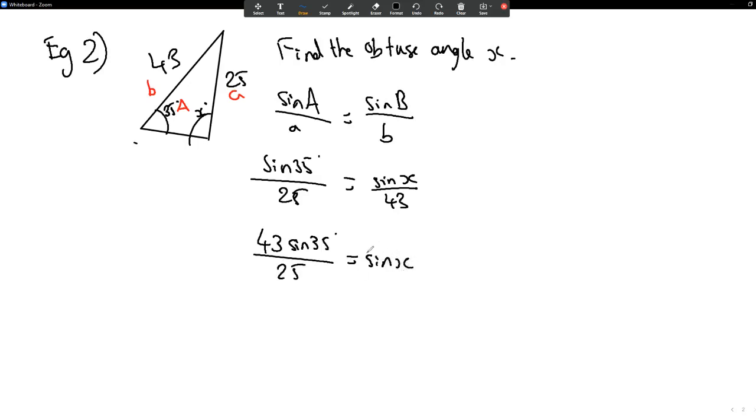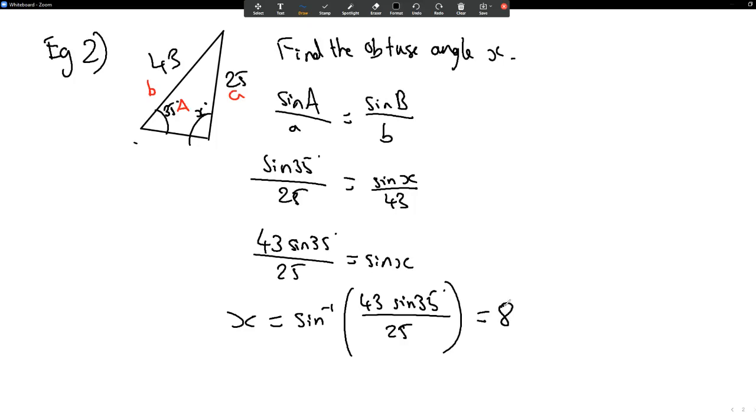And now you can see that we haven't got x by itself, which is what we want. But we can use a trick we learnt last time and apply the inverse sine function on both sides to get x equals the inverse sine of all of this. If you put that into your calculator, you get 80.6 degrees.